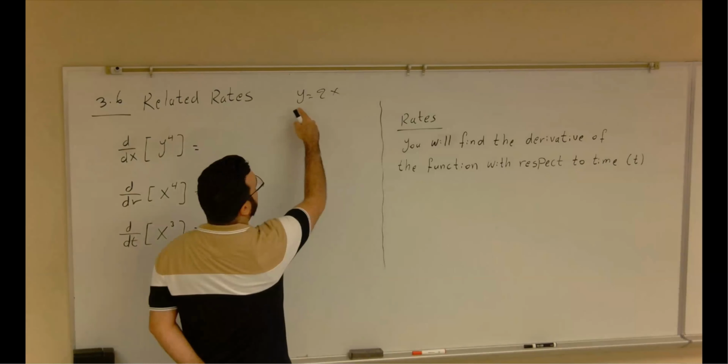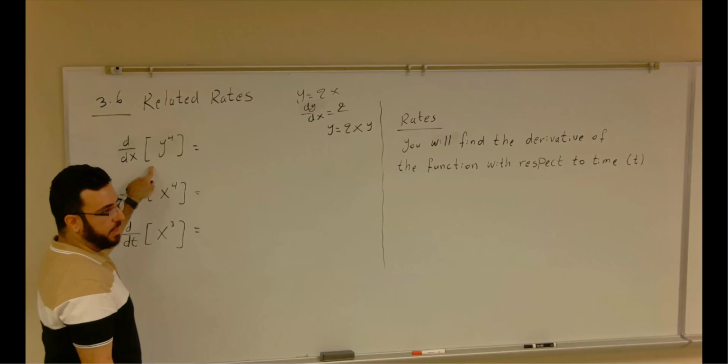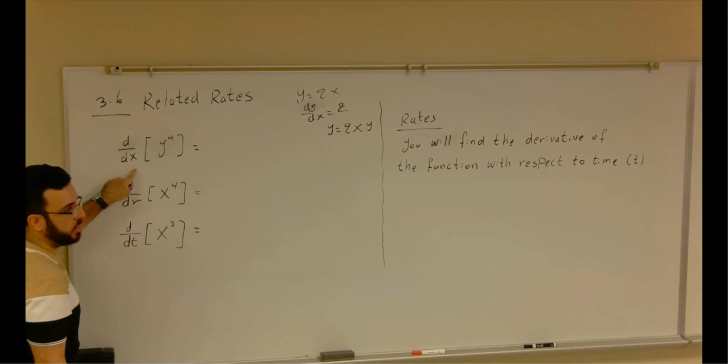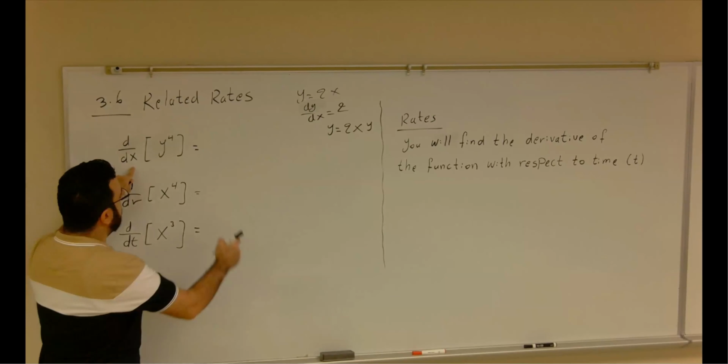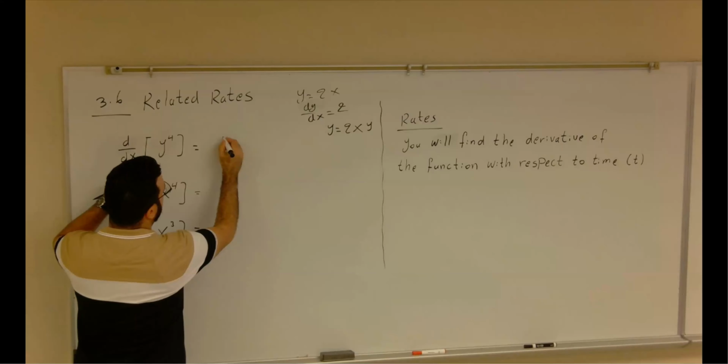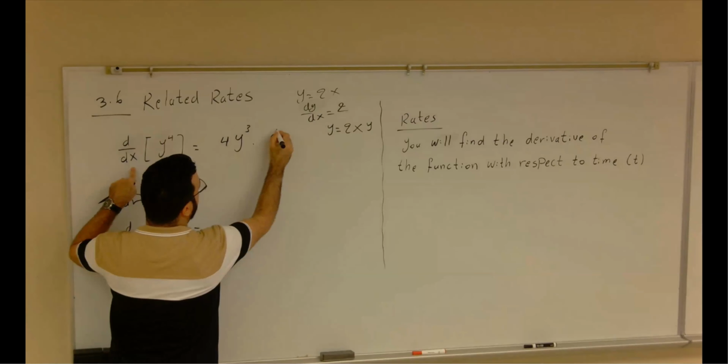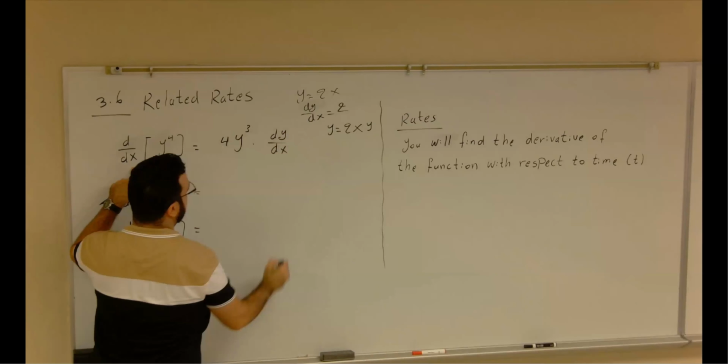If we have y equal 2xy, we're gonna do the same thing. But now, which is the first example of the same thing, I need to find the derivative of y with respect to which variable? To the x. So I'm gonna find the derivative of y, which is 4y cubed, but I have to multiply by dy over dx.